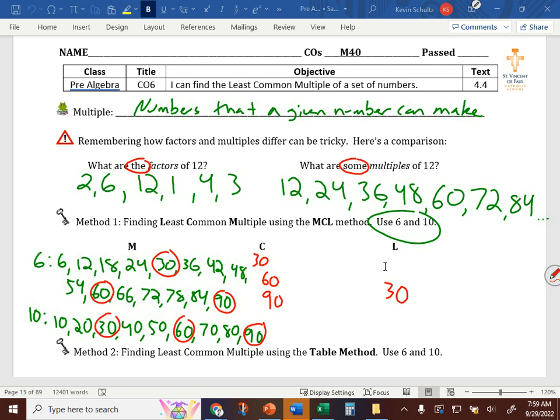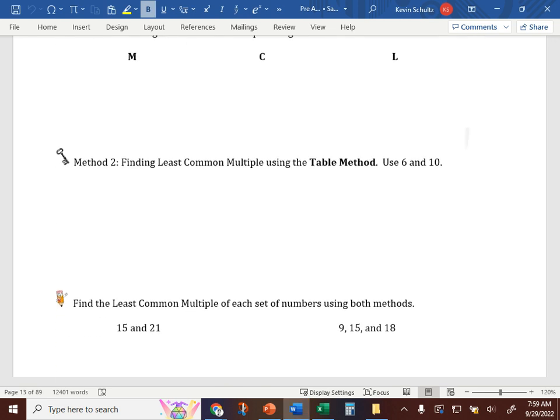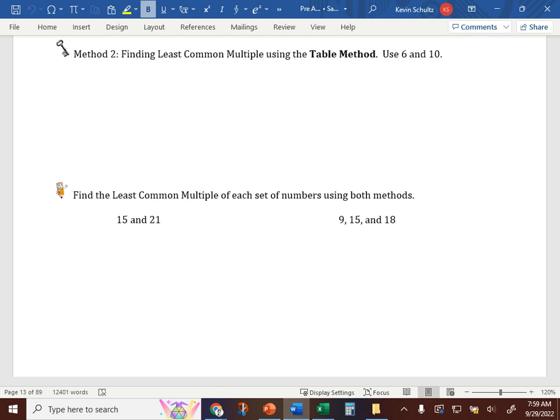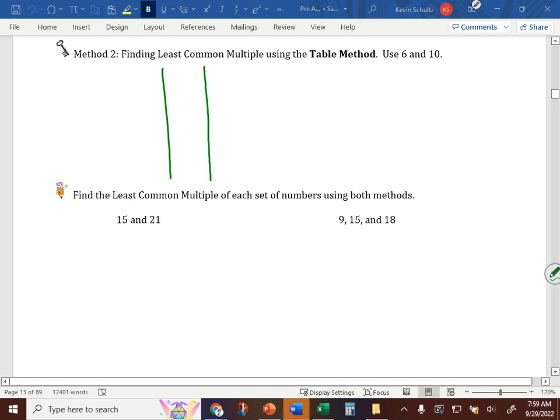Okay. The other method is the table method, which looks very similar to what we did with greatest common factor. It actually starts the exact same way. We're going to make our table. We're using 6 and 10.